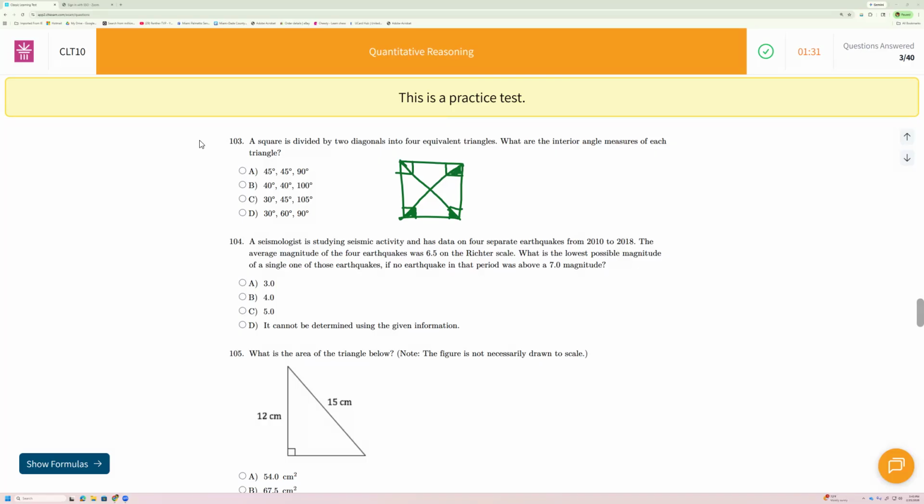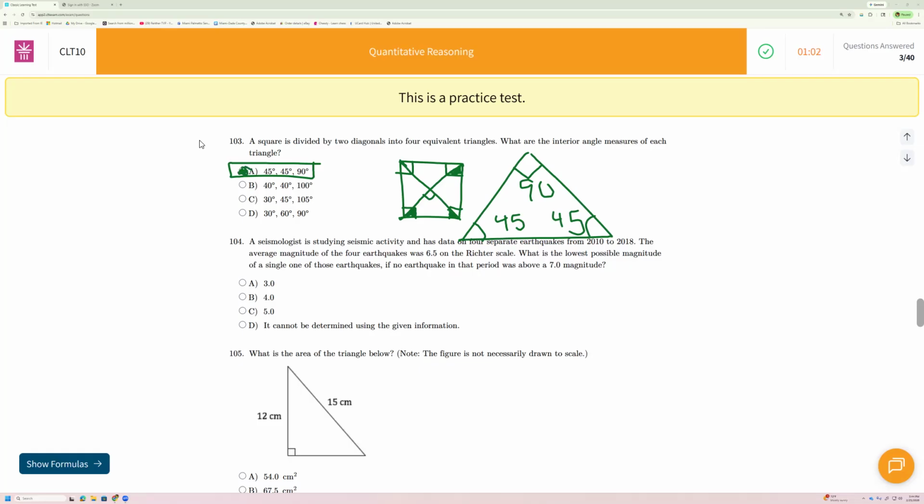And of course, because we're crossing the diagonals, these are right angles. So that means we have 90, 45, and 45, like so. All right, so yeah, it's A.